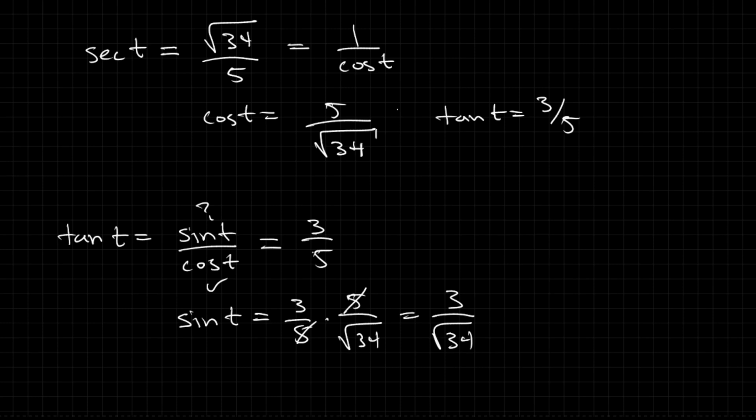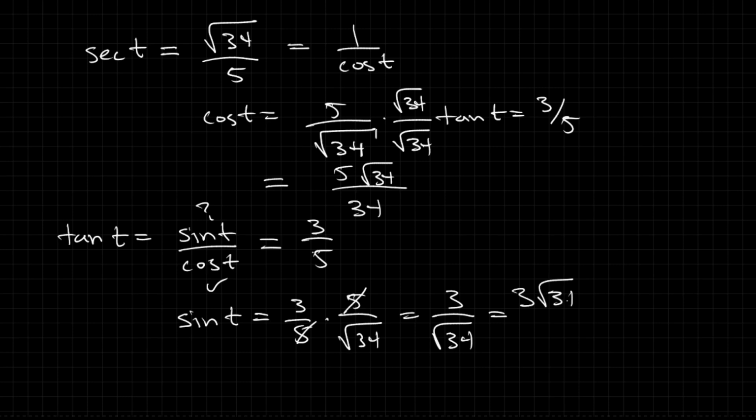By the way, it would probably be most appropriate to give your final answer with a rationalized denominator, that is, multiply the numerator and denominator by root 34 over root 34. And if you did that, the cosine t answer would be 5 root 34 over 34. And the sine t answer would be 3 root 34 over root 34.